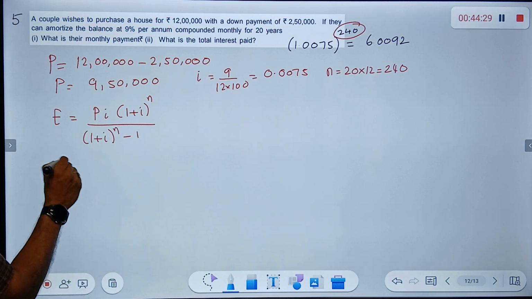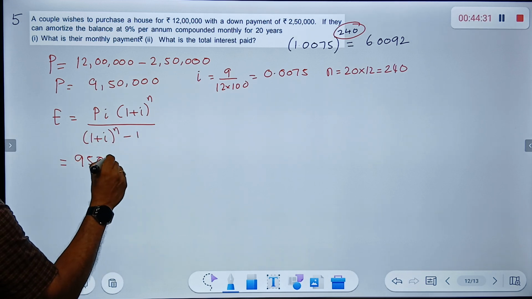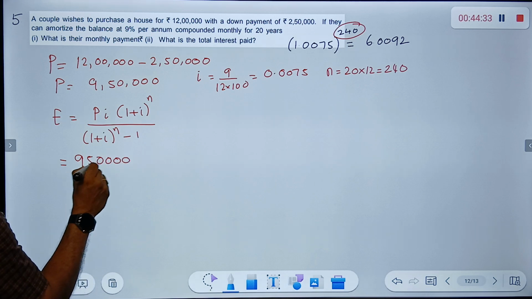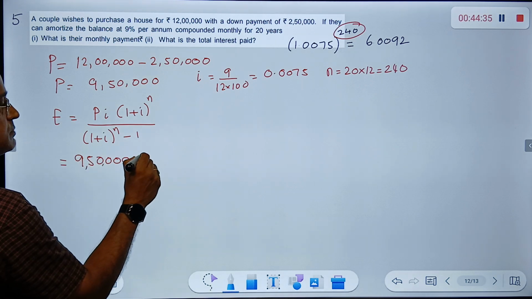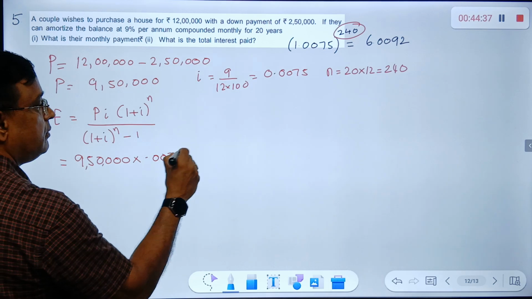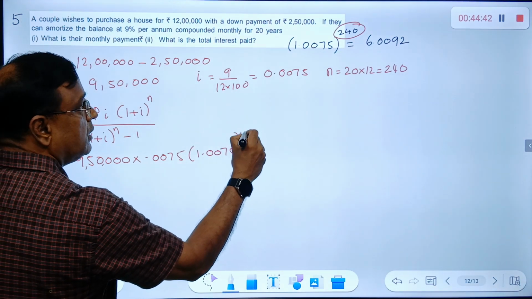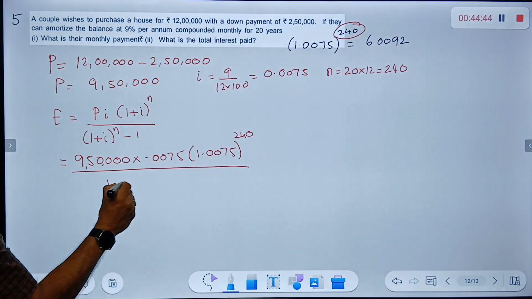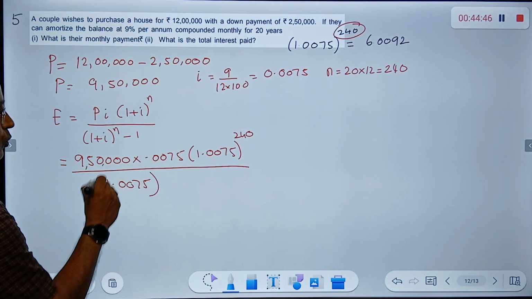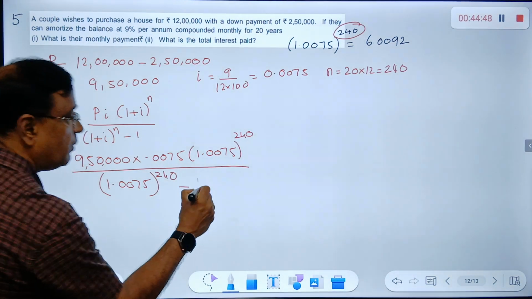Now what is P? 9,50,000. And interest is 0.0075. 1.0075 to the power of 240 divided by 1.0075 to the power of 240 minus 1.